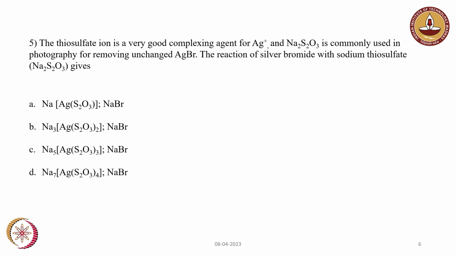The next question is, the thiosulfate ion is a very good complex agent for Ag plus, and sodium thiosulfate is commonly used in photography for removing uncharged AgBr. The reaction of silver bromide with sodium thiosulfate, that is Na2S2O3, gives option A, Na AgS2O3 and sodium bromide.